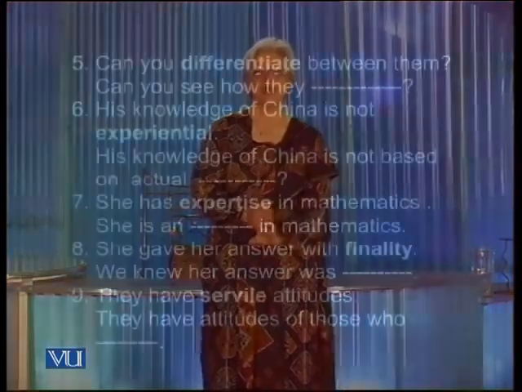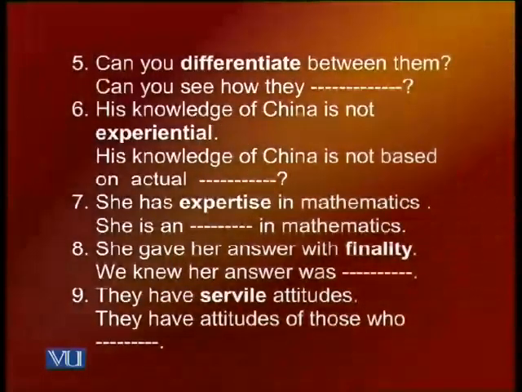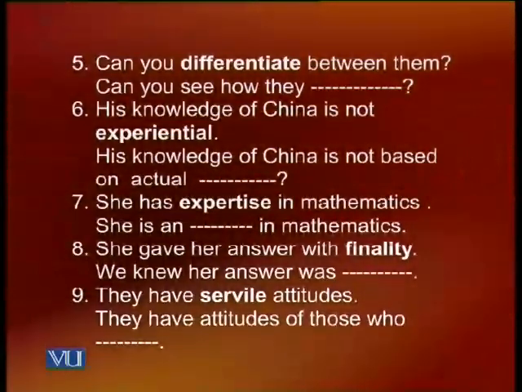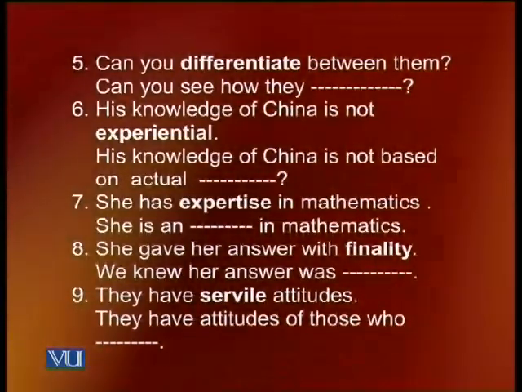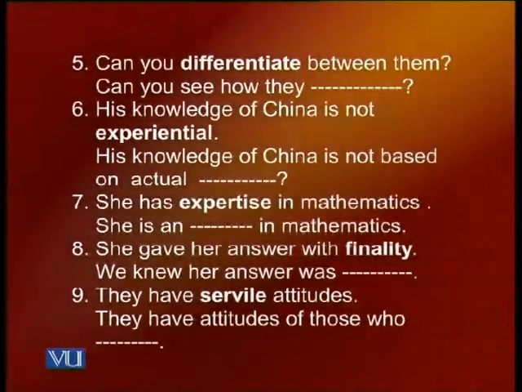The word expertise has been created by adding ISE to the base word expert. Number 8, she gave her answer with finality. Finality, the base stem word over there is final. We knew her answer was final.